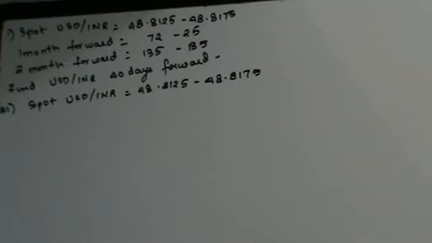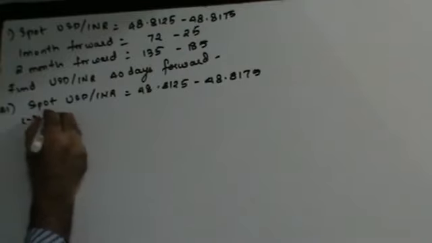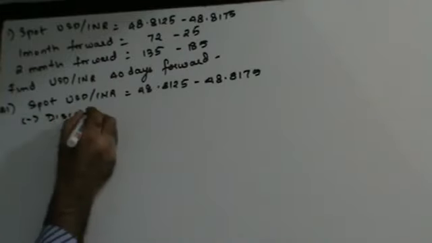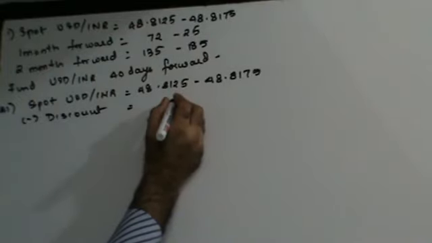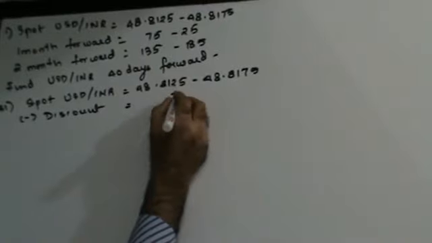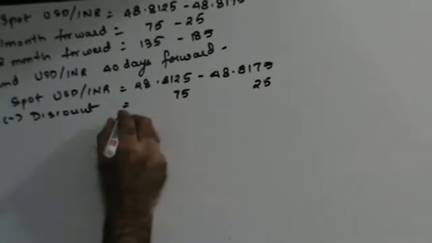If they are in descending order, that means they are at discount. So less discount. Discount is 70. Make this correction, guys. This is 75 and 25.